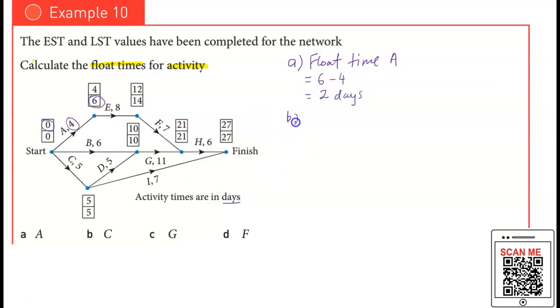Right, now let's proceed with B. B is for C activity. So C activity, same thing here. I'll start with the ending activity LST value minus the T value and minus the start activity EST value, which is here. Okay, so float time for C is actually equal to 5 minus 5. You end up with 0.